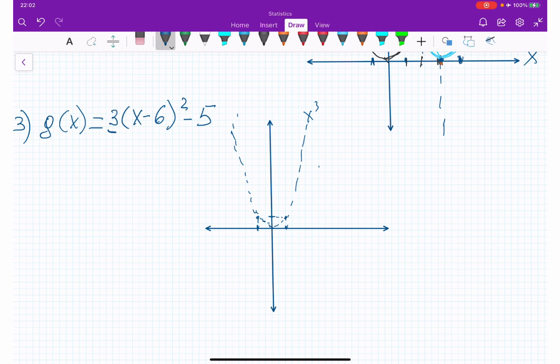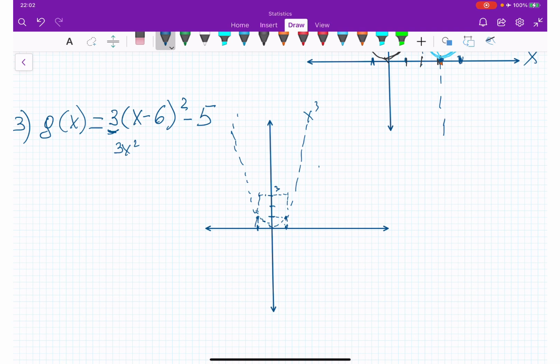So since I'm going to build 3x squared, this 3, so instead of 1, it's going to be 1, but this time 1, 2, 3. The graph is going to go through these points. 3x squared.